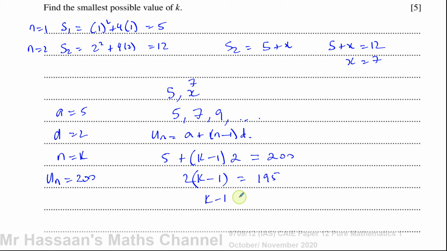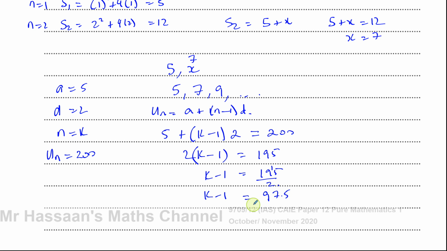So k minus 1 is equal to 195 divided by 2, which gives you 97.5. So k minus 1 is equal to 97.5. That means k is equal to 98.5.